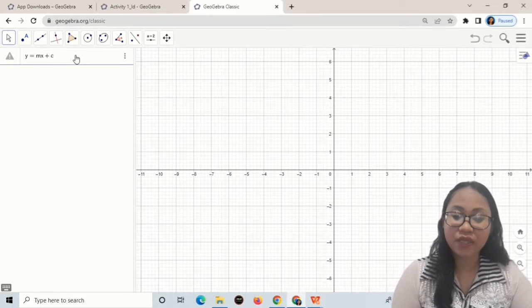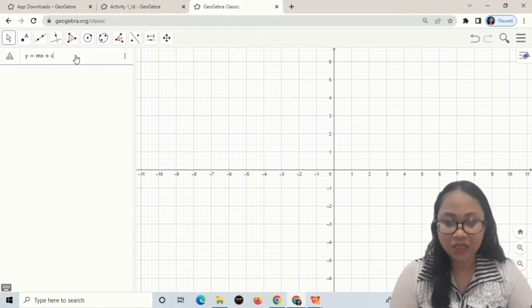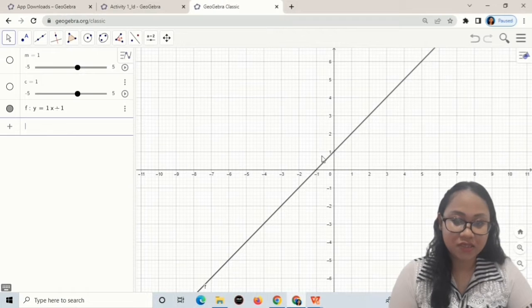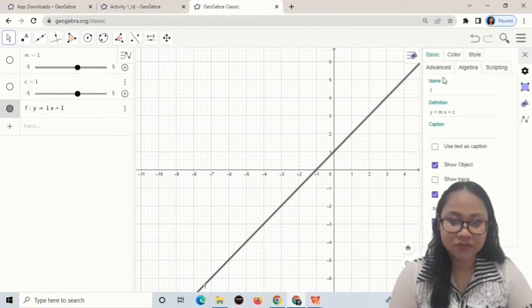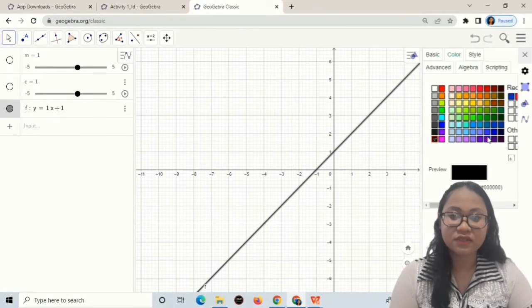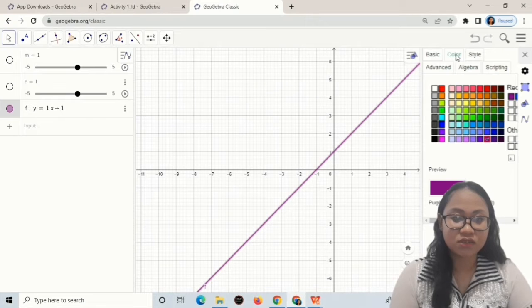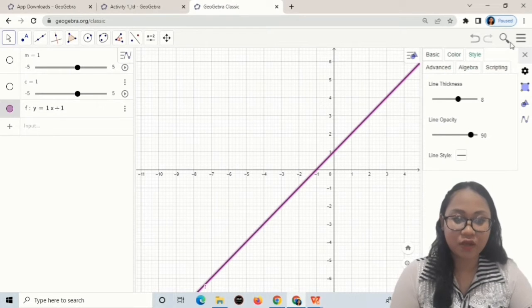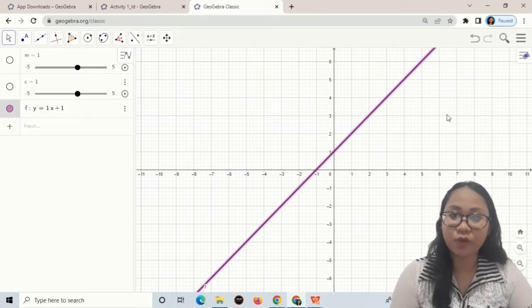Start by writing y equal to mx plus c to create a graph of a straight line. Go to the setting, change the color, increase the line thickness and line opacity.